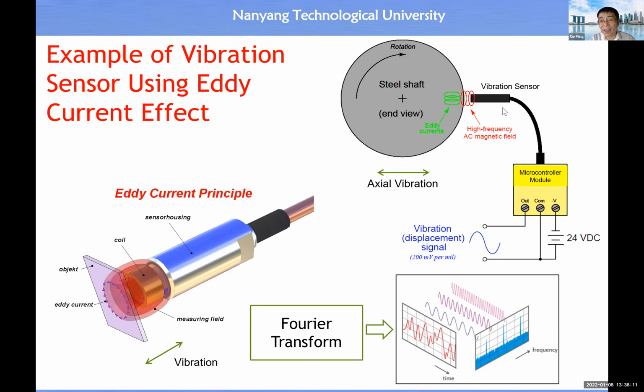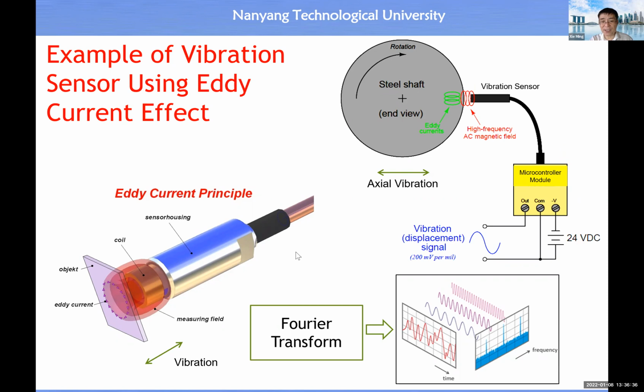Okay, so we have a sending coil and a receiving coil. The output from the receiving coil is AC voltage. Okay, so after AC to DC conversion, we have a DC voltage time function. Then this is the input to the microcontroller module. Then eventually we can output the digital value of DC voltage.